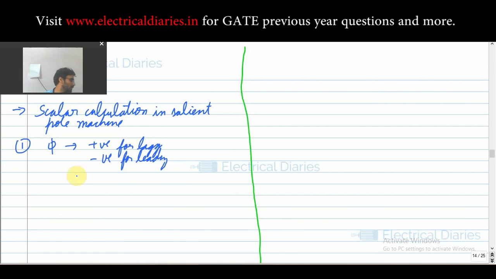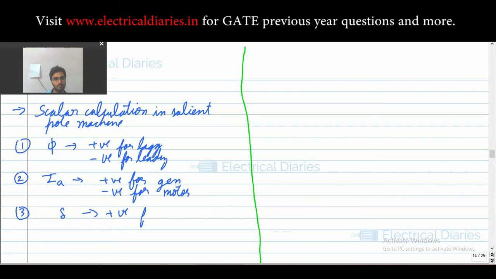Your IA will be positive for generator and negative for motor. Third, your delta will be positive for generator and negative for motor.